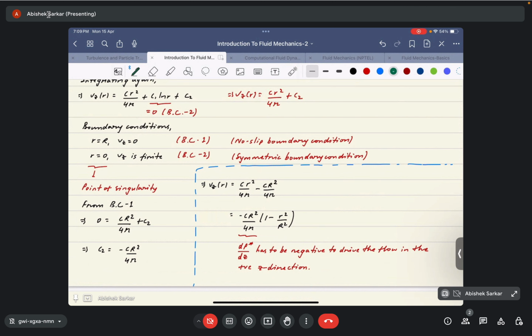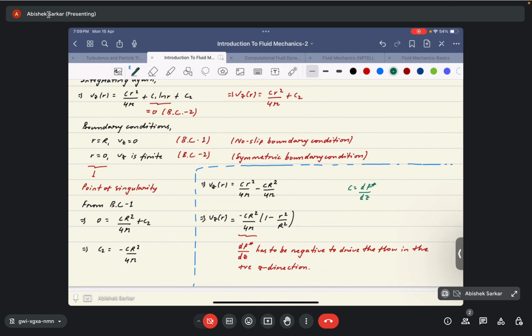Now we know that c is equal to dp star by dz.